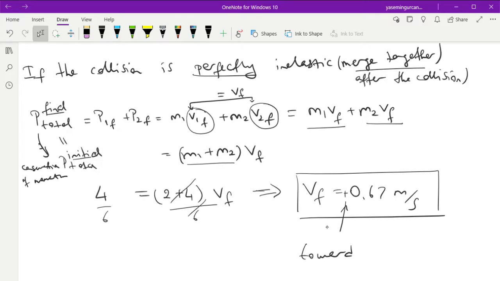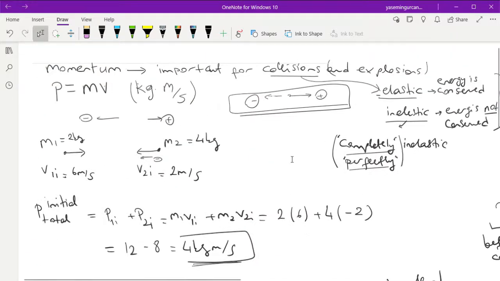Once again, your direction choices should be clearly identified at the beginning, which I did here. Toward right is positive, toward left is negative. So I picked my choice and wrote it down for myself, and you do the same, because the questions could be saying toward north, toward south, toward east, toward west. In that case, please write down for your own reference which direction you chose to be positive.